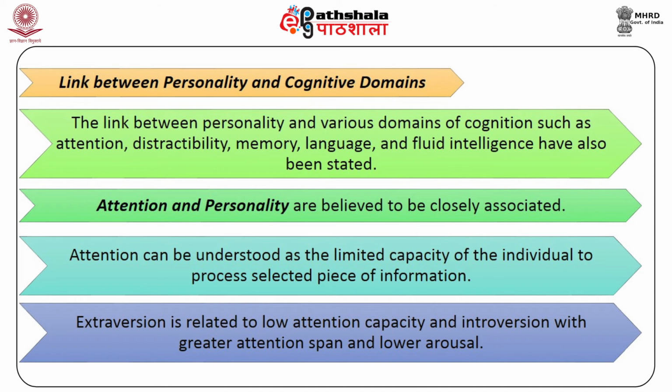Personality is viewed to influence this limited capacity, for example, anxious people generally seem to exhibit attentional deficits and higher distractibility. Extraversion is related to low attention capacity and introversion with greater attention span and lower arousal. Similarly, high impulsivity is related to greater arousal and attentional deficits.